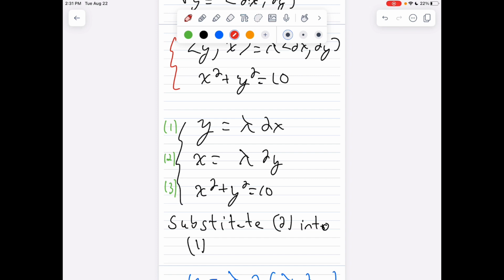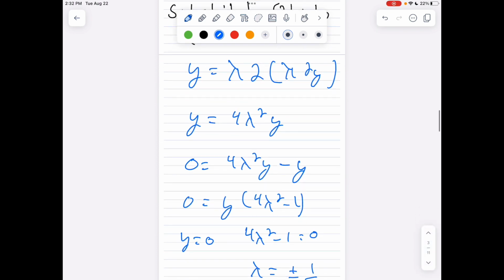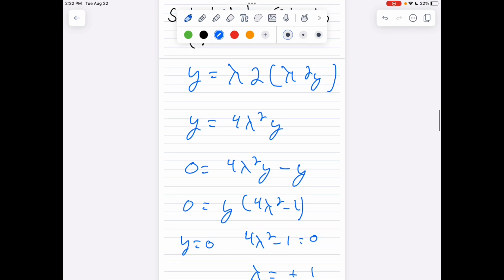So for example, if you take equation 2, x equals lambda times 2y, I can substitute that in here. And if I did that, I'd get y equals lambda times 2 times lambda times 2y. That's a handful. And I can go ahead and simplify that to say y equals 4 lambda squared y.